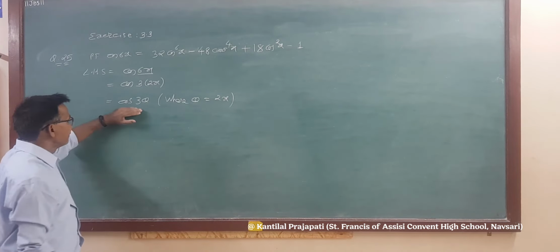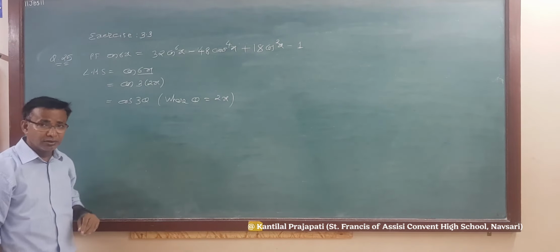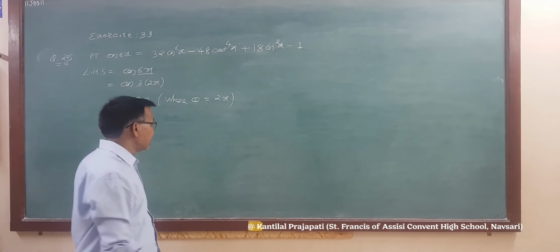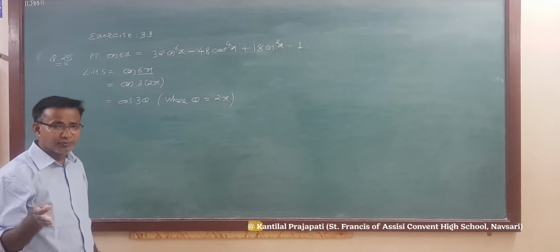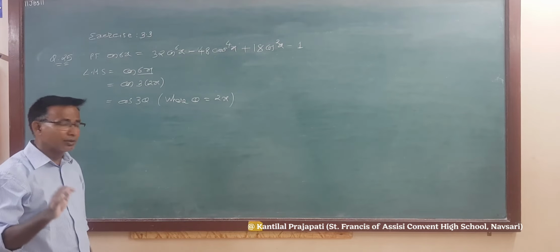Now we apply the formula for cos 3 theta. What is cos 3 theta? Cos 3 theta is 4 cos cube theta minus 3 cos theta.